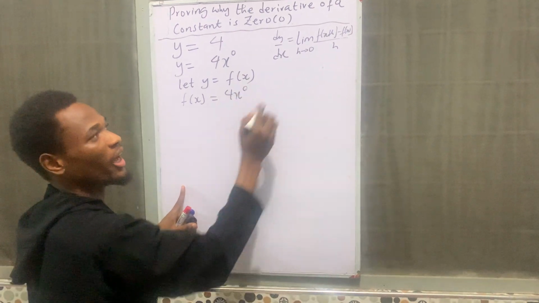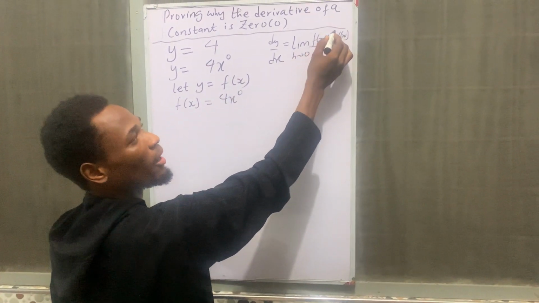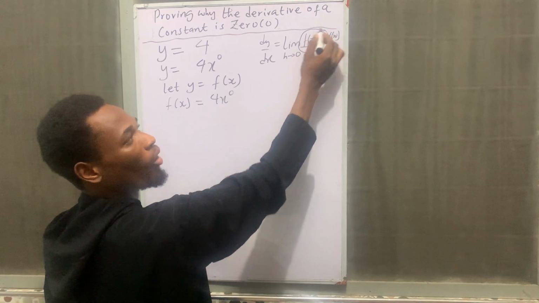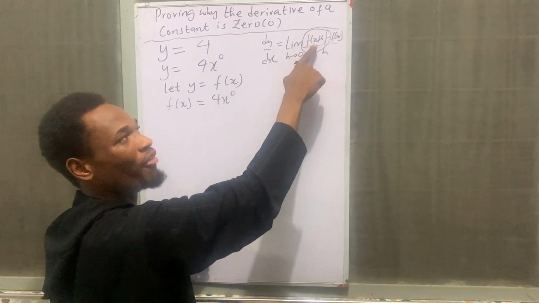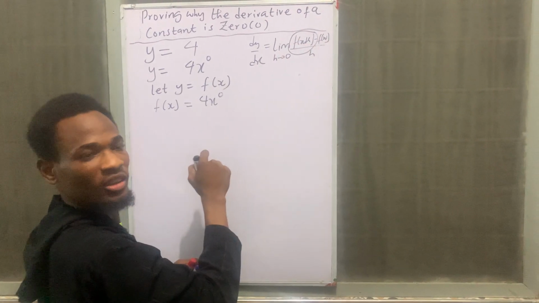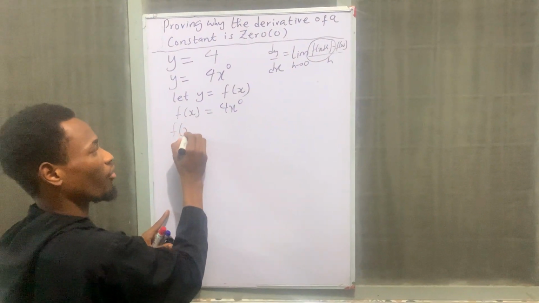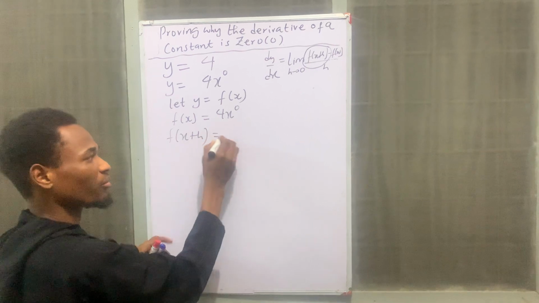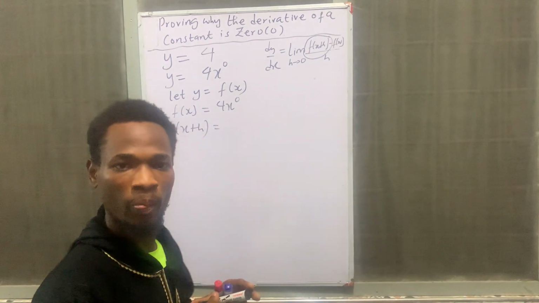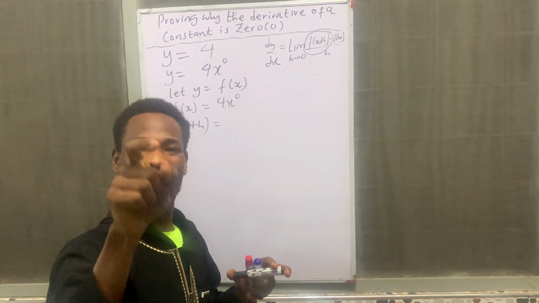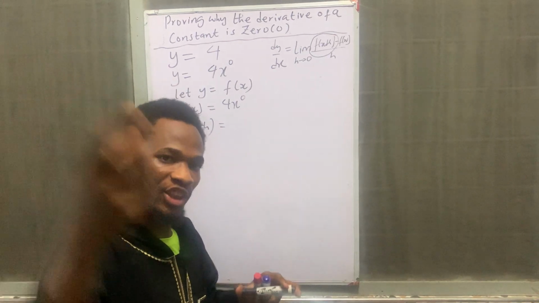And from the formula, I need to figure out f of x plus h. Since I know f of x, let me find my f of x plus h. From the first principle, wherever you see x, put x plus h.